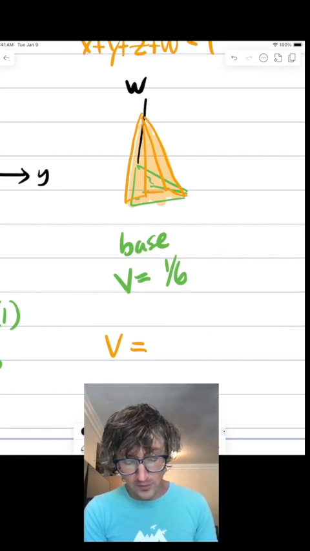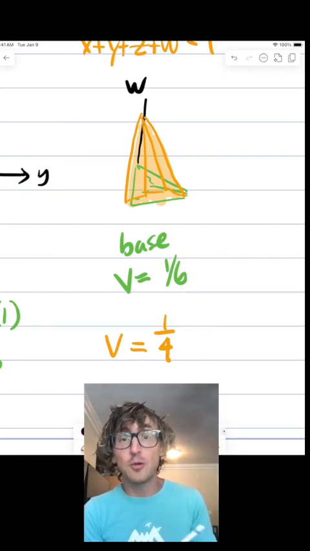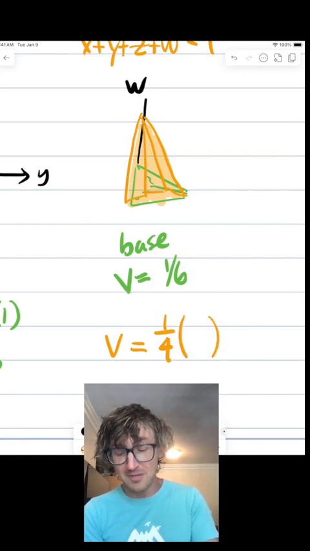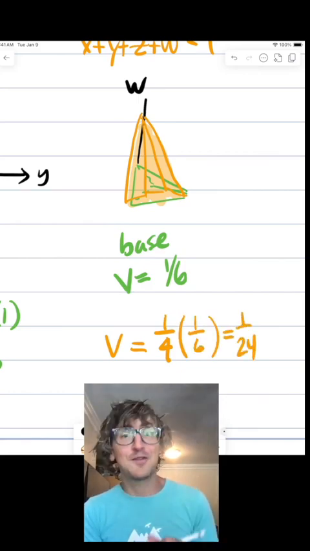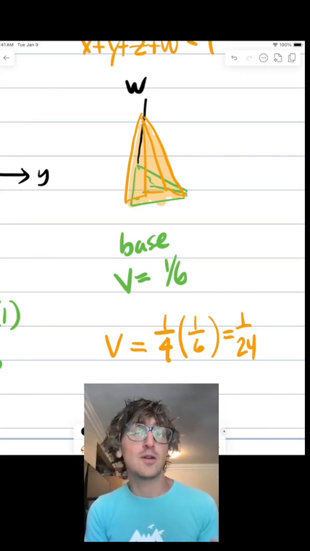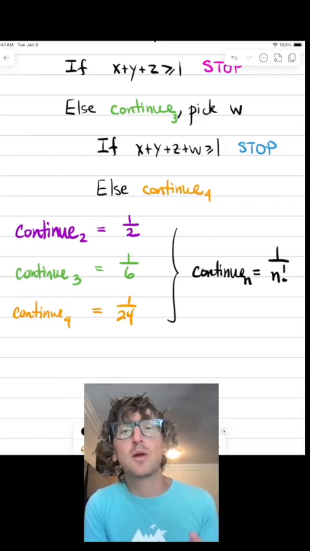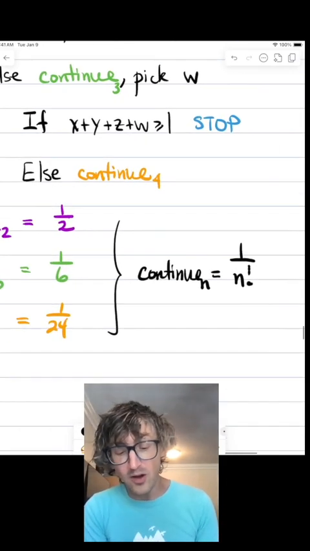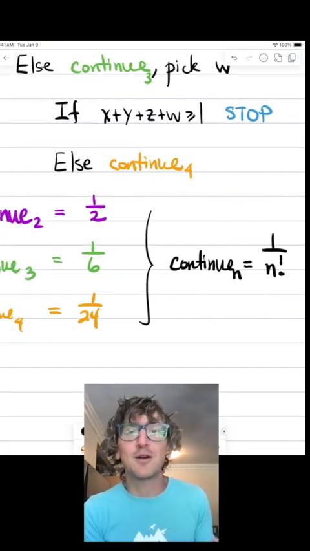And so according to the formulas we just saw, because we're in 4D, the volume will be 1/4 times that volume of the base, which is 1/24. Now I'm going to fill these numbers in a table, and maybe you've already noticed a pattern. Each time we continued, we noticed the probabilities of 1/2, 1/6, or 1/24. In general, this is 1/n factorial, where n is just the number of numbers that we've chosen.